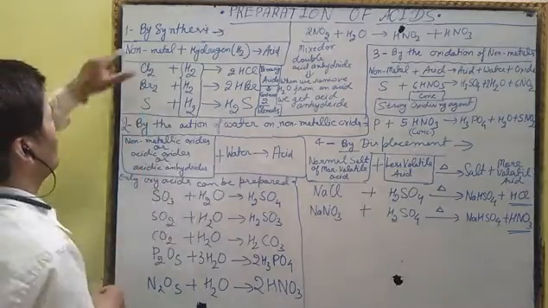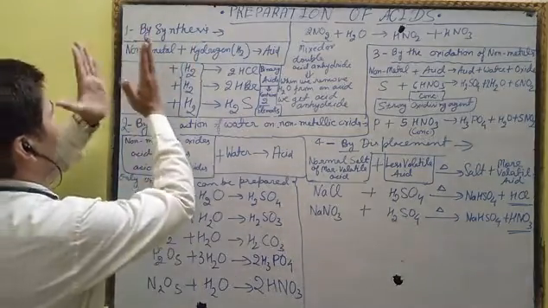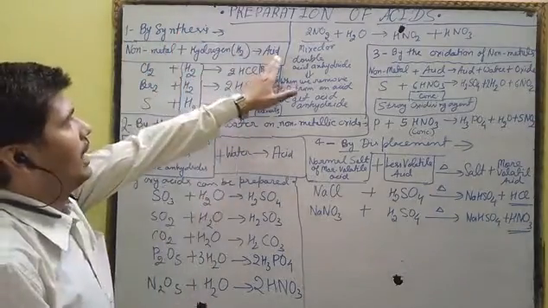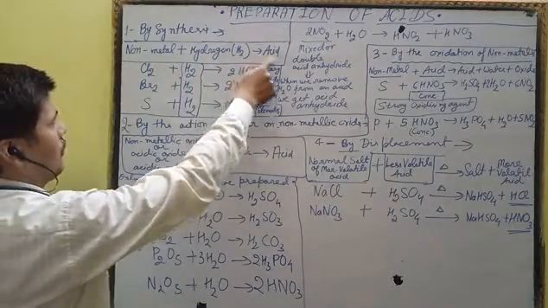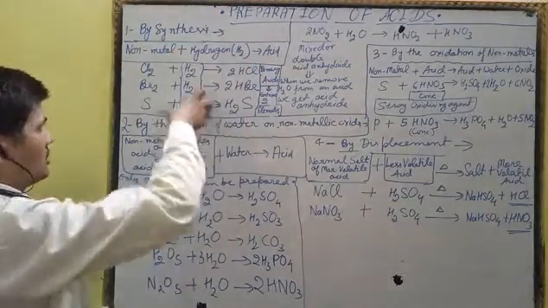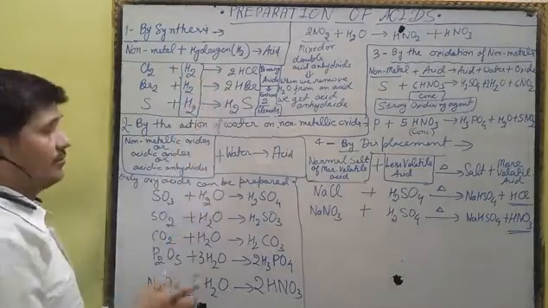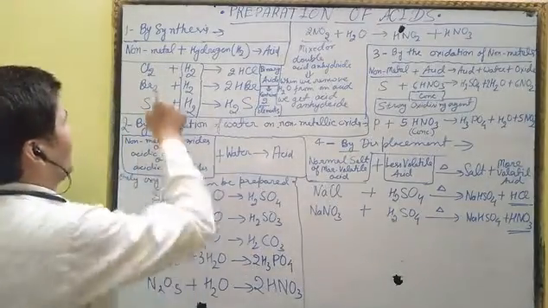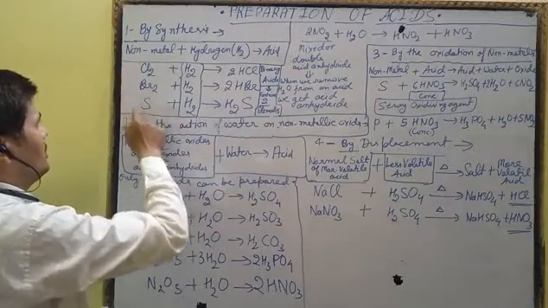In the first method, by synthesis, we use a non-metal and hydrogen to form an acid. Non-metal combines with hydrogen to form an acid. Hydrogen is common. This is the trick to remember the reaction. We use non-metals such as chlorine, bromine and sulfur.